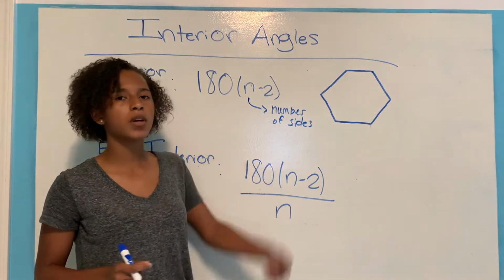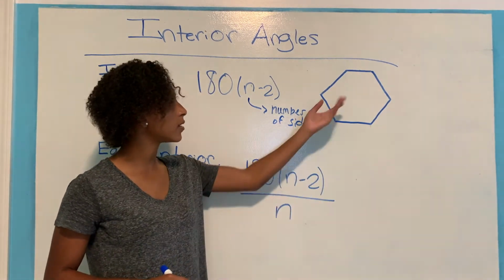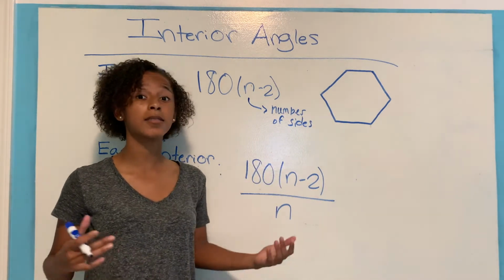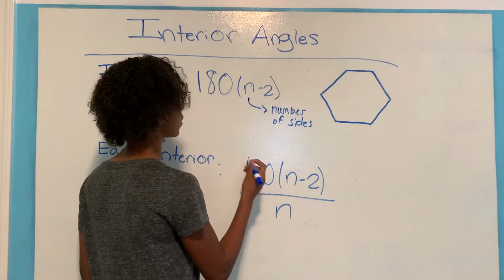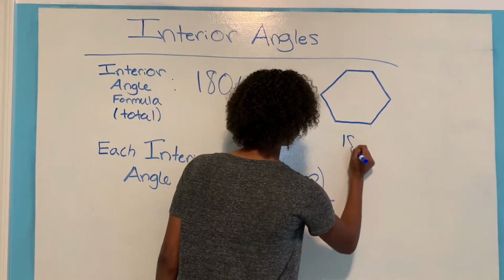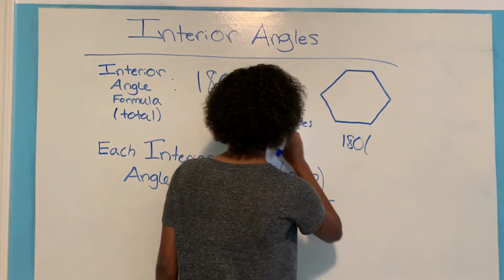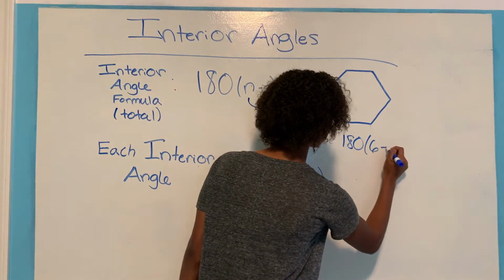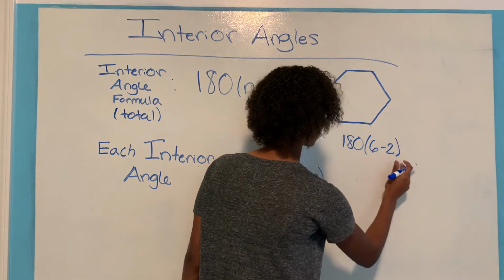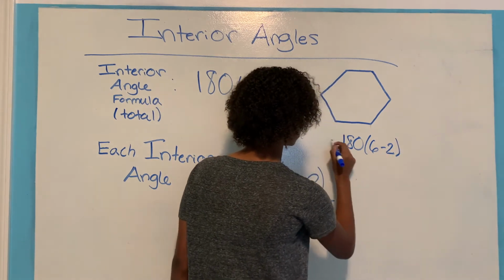So let's do a quick example. Let's say this is a hexagon, so it has 6 sides. So you would go over here and you would just say, all right, it's 180 times the number of sides minus 2, so 6 minus 2. And we can solve for it.